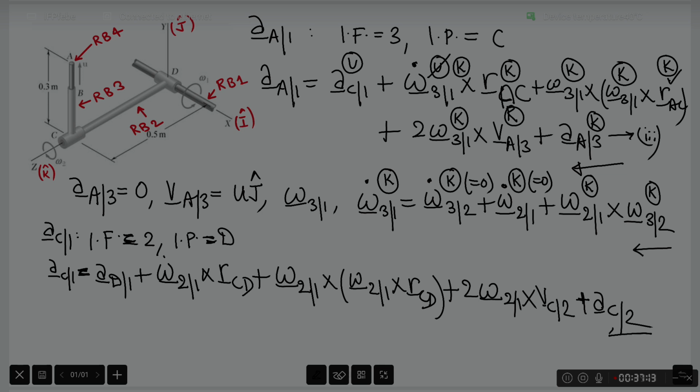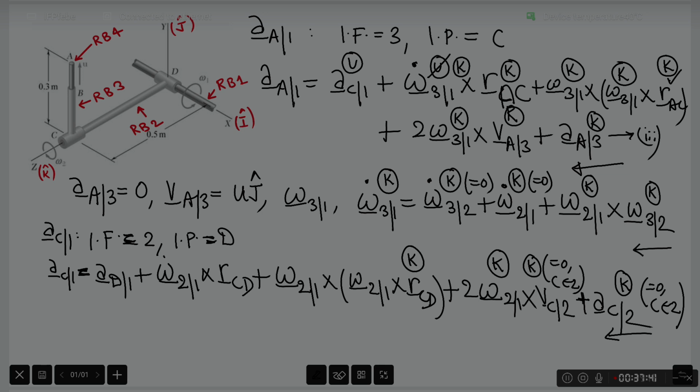I sweep from right to left and mark things as K or U. AC2 is known. In fact, it is 0 because C is fixed in 2. VC2 is also known. It is equal to 0 because C is fixed in 2. Same reason. Omega 21 is a known quantity coming directly from the problem statement.